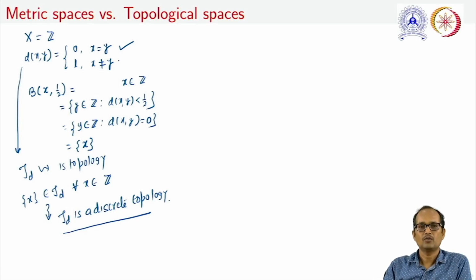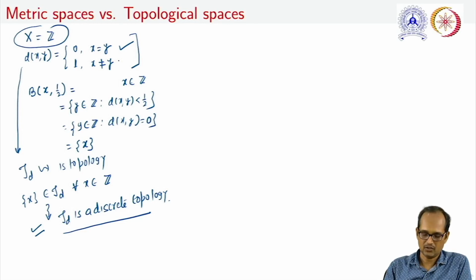So all 2-point sets, 3-point sets, and continuing with that, all subsets of Z will also be members of the topology. Meaning that if we begin with the discrete metric on Z, the topology which we get on Z is a discrete topology.